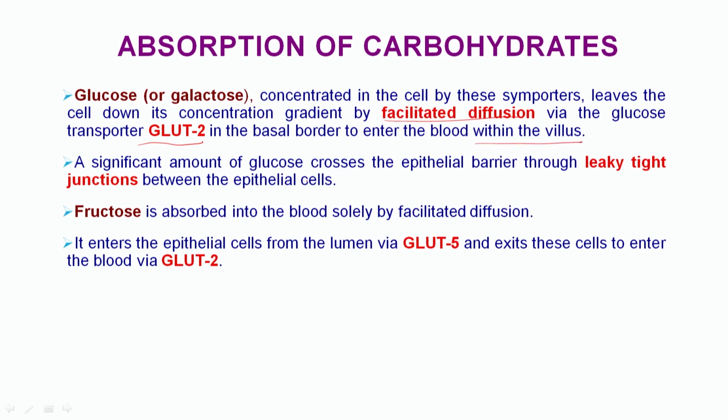A significant amount of glucose crosses the epithelial barrier through leaky tight junctions between the epithelial cells. Fructose is absorbed into the blood solely by facilitated diffusion. It enters the epithelial cells from the lumen via GLUT5 and exits the cells to enter the blood via GLUT2.